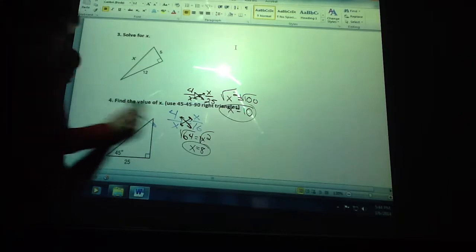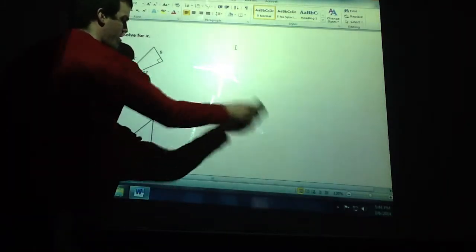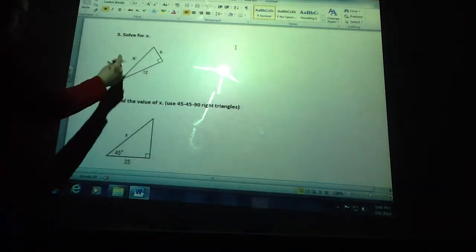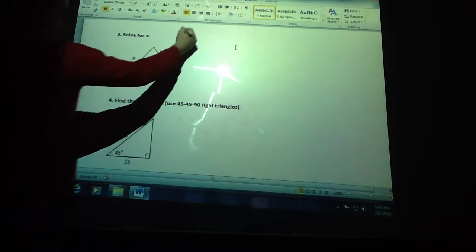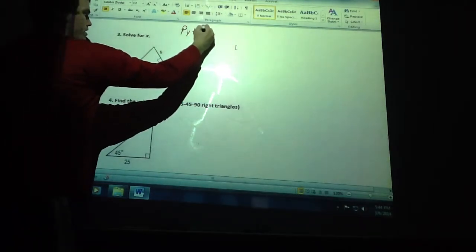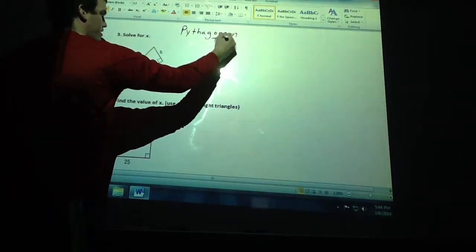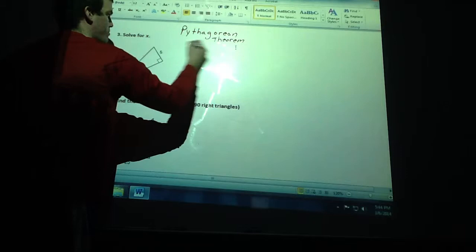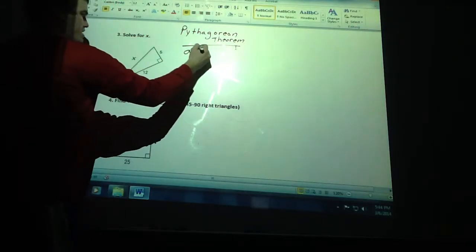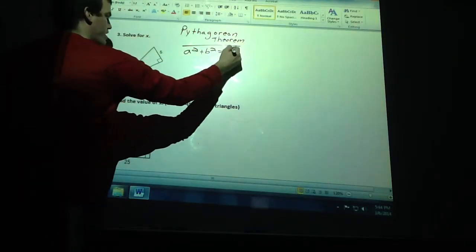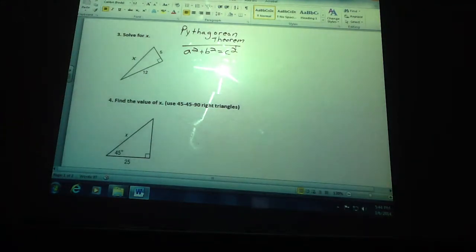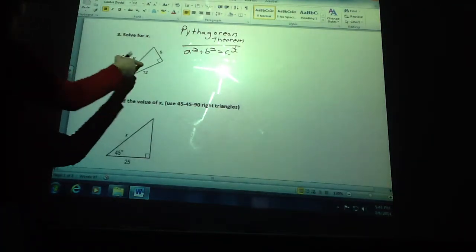On problem 3, does anybody know what we call this where we don't have the side? We're missing a side. I don't have an angle though. We're going to use the Pythagorean theorem. If you recall, this is the one that Mr. Z had a great rap for. Remember, a squared plus b squared equals c squared. So here to solve, remember the c squared part is always the hypotenuse.